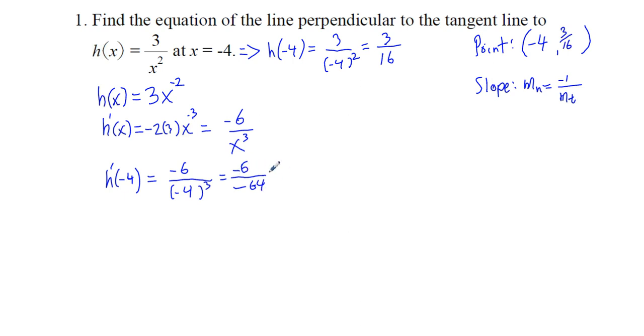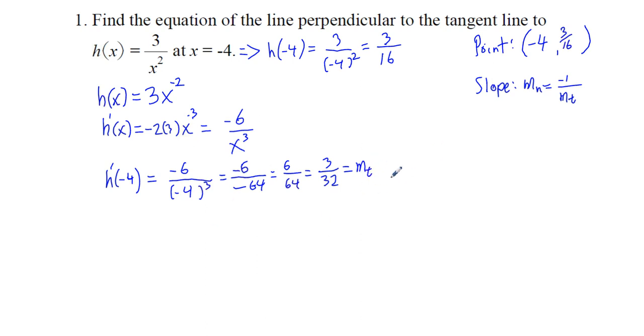The negatives cancel each other, so we get 6 64ths, which simplifies to 3 32nds. And that's going to be equal to our m sub t.